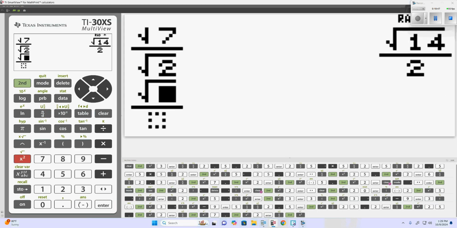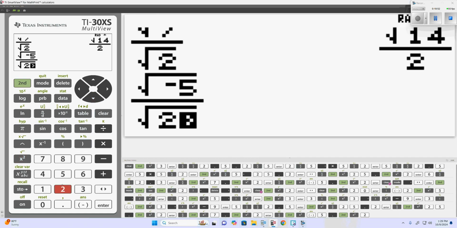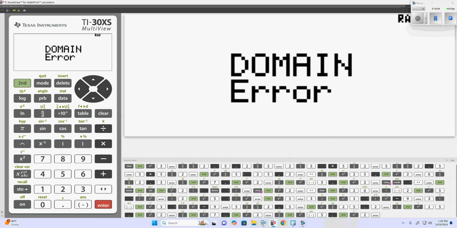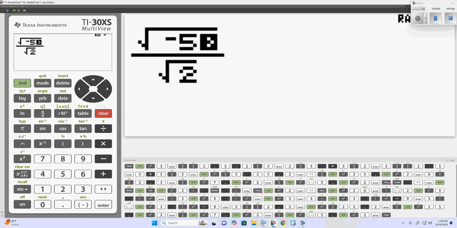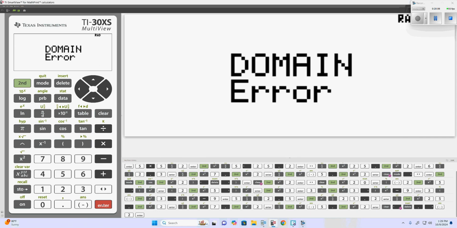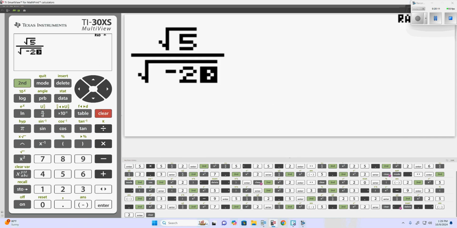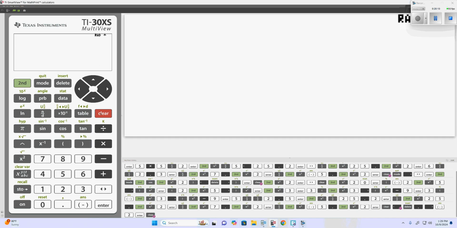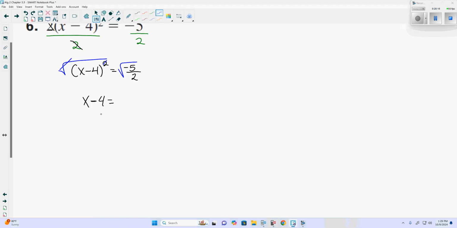So we can take the square root of negative 5 over the square root of 2, yes, which is... Main error. Okay. Maybe it's the negative on top. Let's put it on bottom. Doesn't work. I cannot take the square root of a negative number.